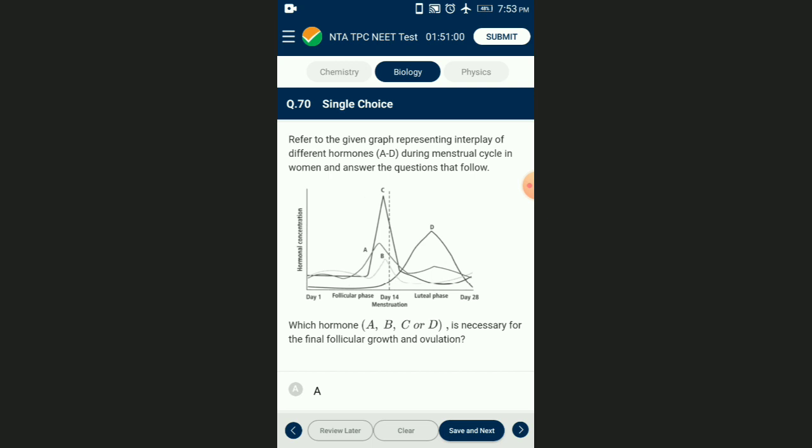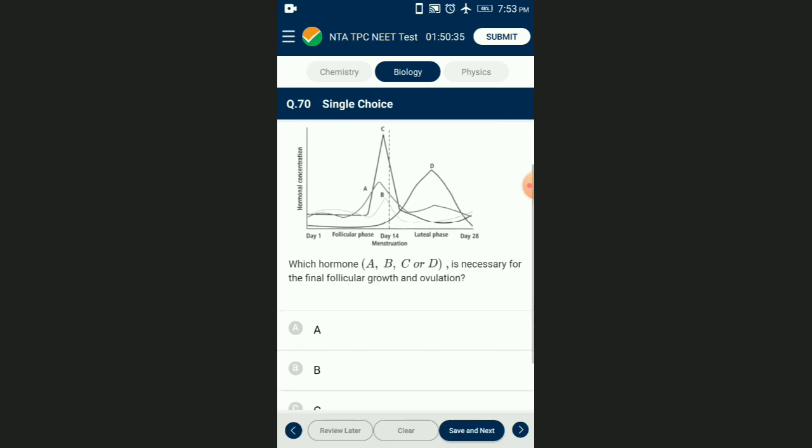Question number 70. Refer to the given graph representing the interplay of different hormones A to D during the menstrual cycle in women and answer the following question. Which hormone A, B, C or D is necessary for final follicular growth and ovulation?